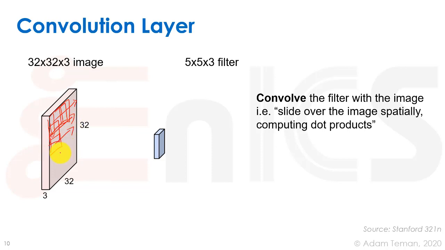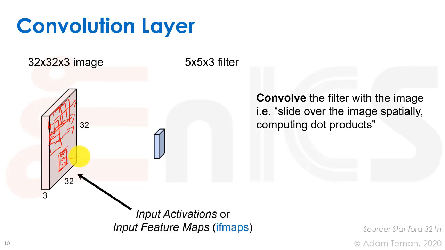Each time we put the filter on one part of the 2D input, we're going to multiply and accumulate all of these values that are inside. That's what convolving is. And each time that we slide it into a certain area, we get an output.